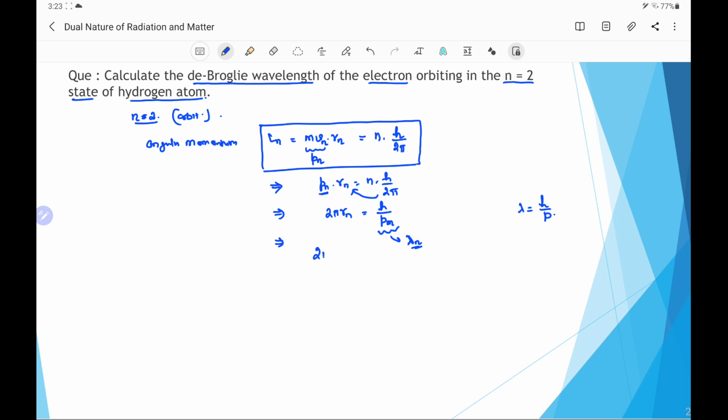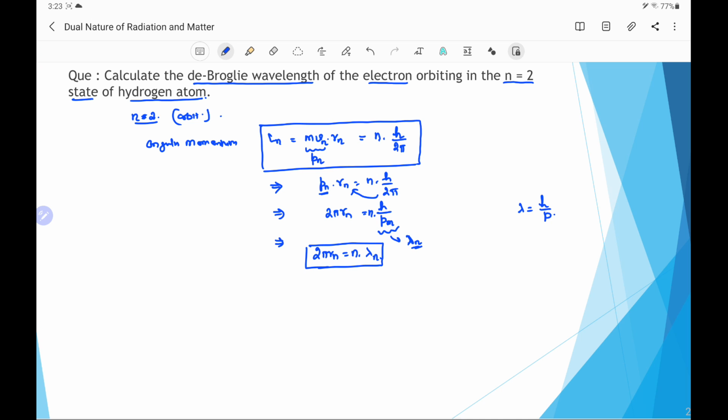Therefore, we can write 2 pi rn equal to n into lambda n. So this is the condition for the electron revolving in a stable orbit as per the Bohr concept.